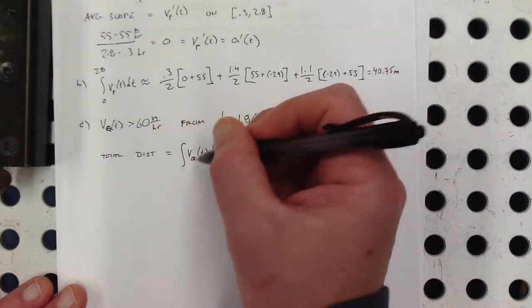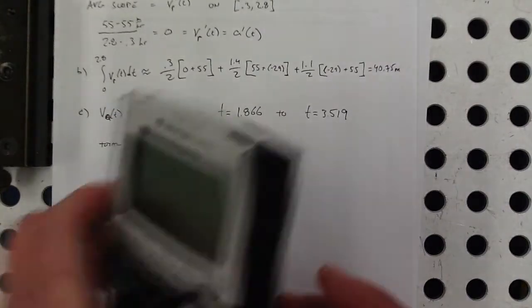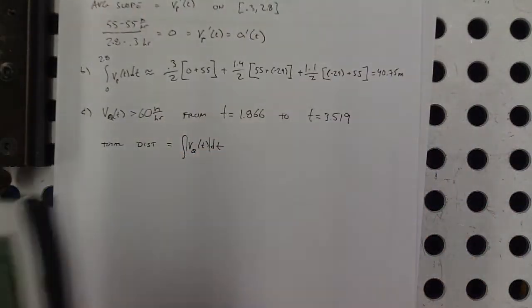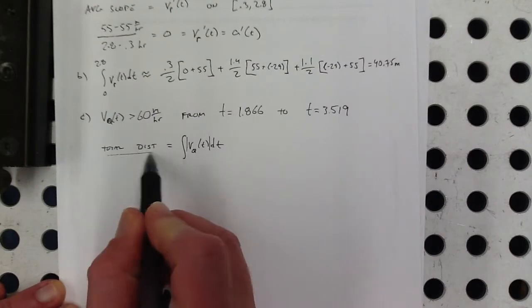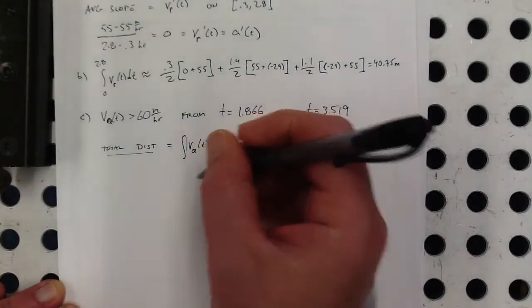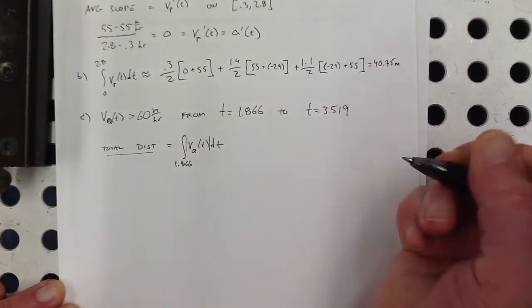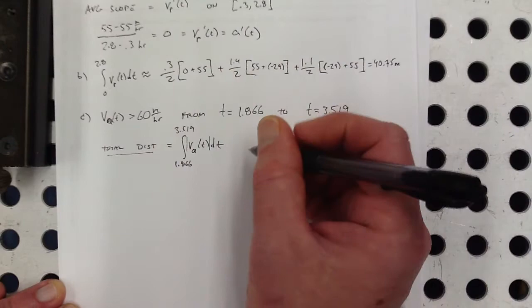And if you want total distance, you should put it in absolute value signs. Now, in this problem, we just looked at this, and these velocities are all positive, so you don't actually need those absolute values. You would be okay without them. But if you have a velocity function that changes sign and you want total distance, then you need the absolute value signs. And it doesn't make it wrong to have them here, so I think it's probably not a bad idea to include them.